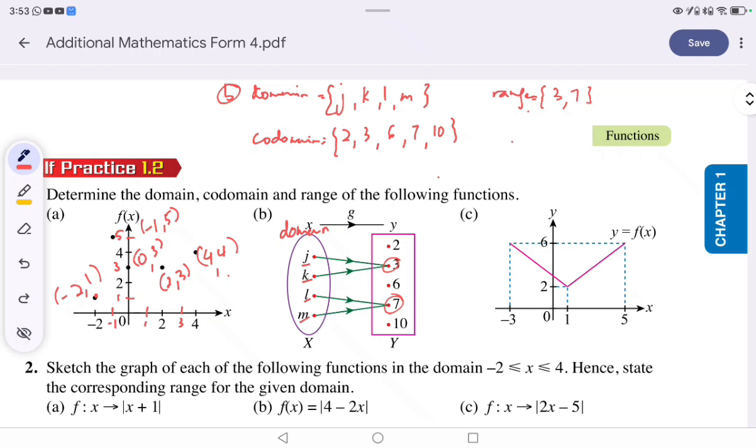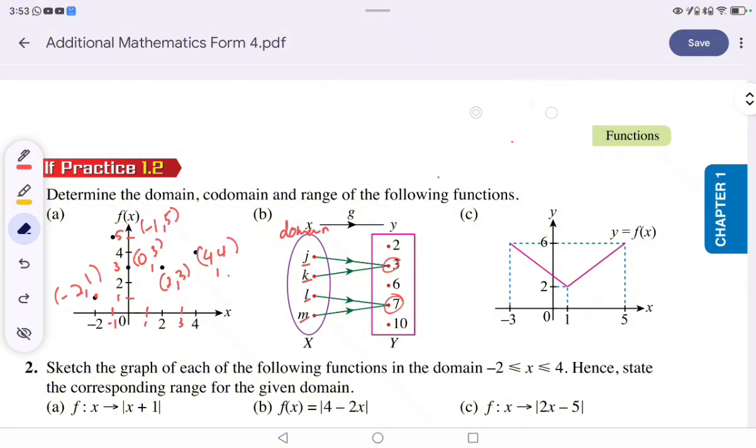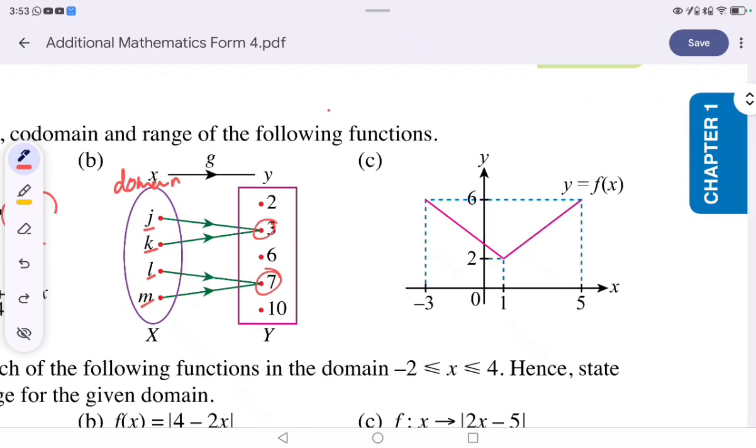Okay, how about C? Also the same. First you need to identify the coordinates. Here your coordinates are 1, 2; 5, 6; and -3, 6.